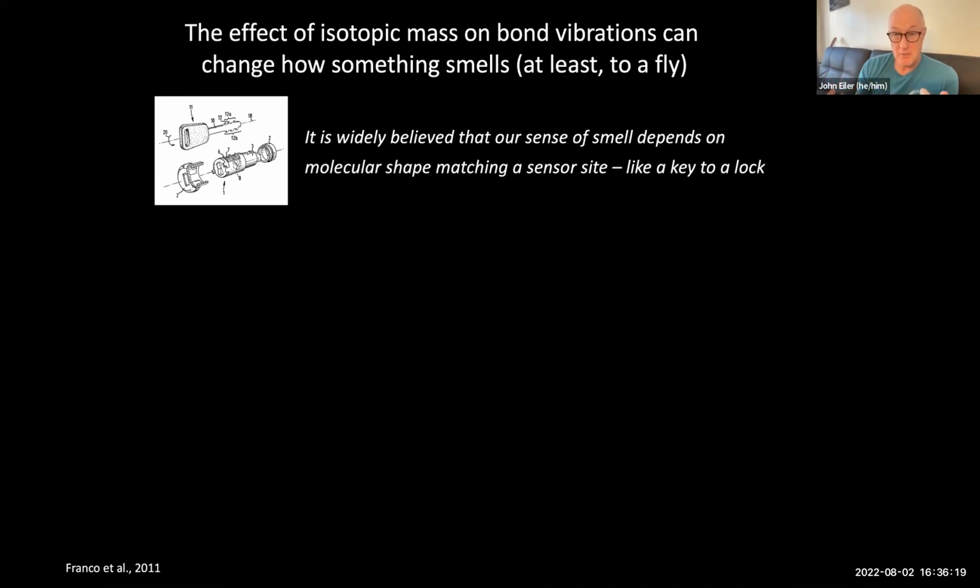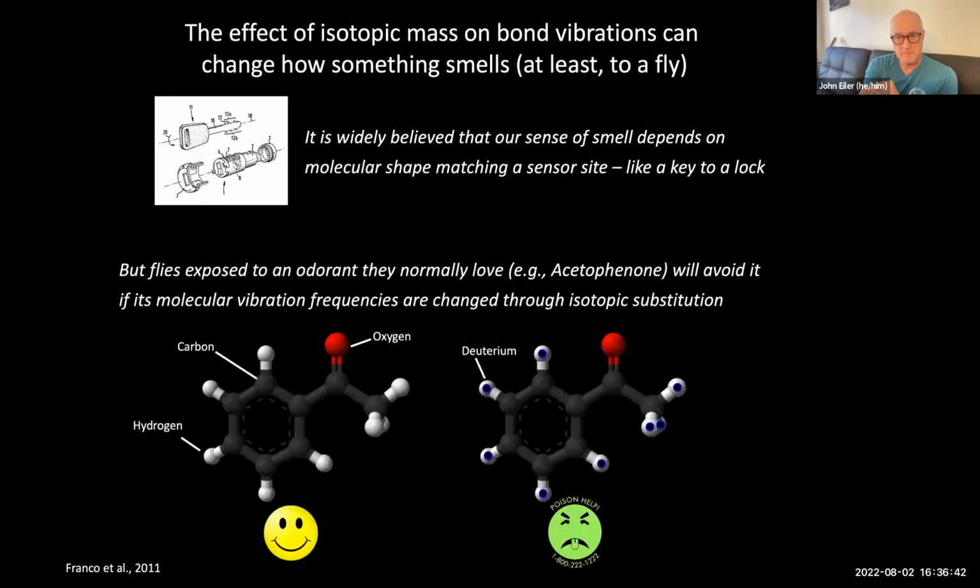It changes how things smell to flies and maybe other animals. All of us are taught, at least in a casual way, that our sense of smell works like a key in a lock, that a molecule you can smell somehow fits chemically into a receptor that's in your nose. And when it fits into it, it excites it and you have the sense of smell.